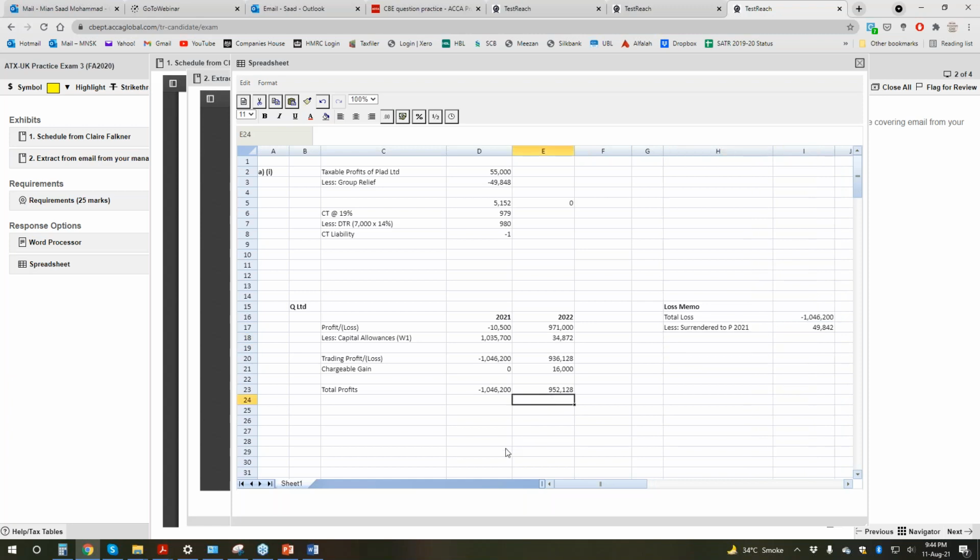Now next year I have some carry forward losses, and I can deduct this complete amount, minus 952,128, so its tax liability can become nil.